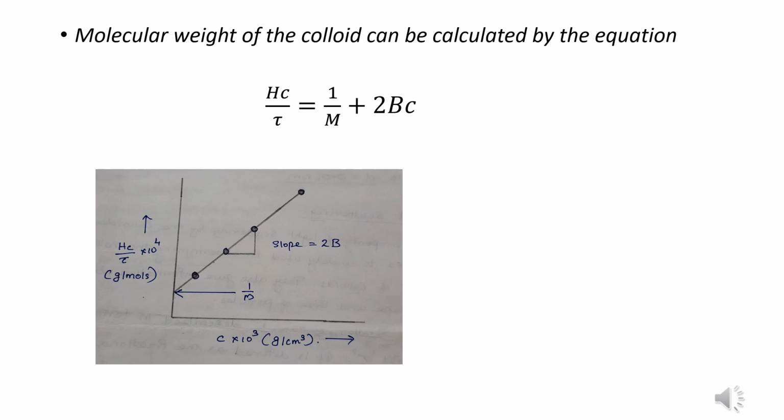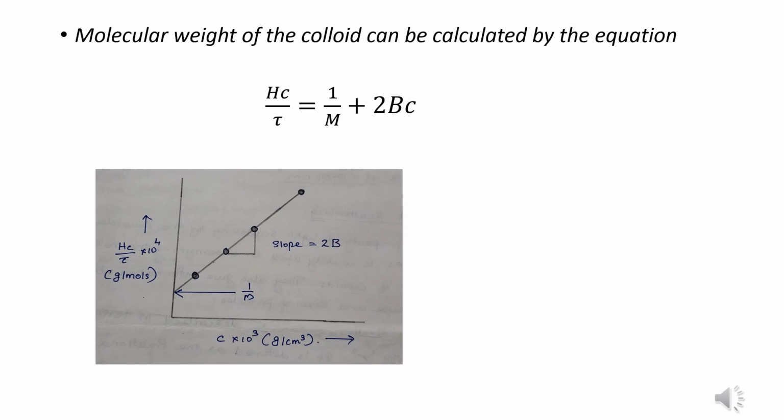Each term represents: capital H is the optical constant, c is the concentration of the colloid, tau is the turbidity, that means the amount of light scattered, capital M is the molecular weight of colloidal particles, and capital B is the interaction constant.